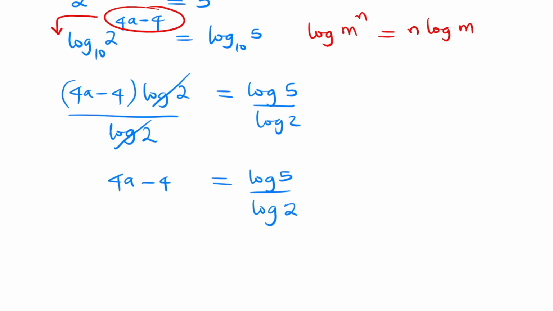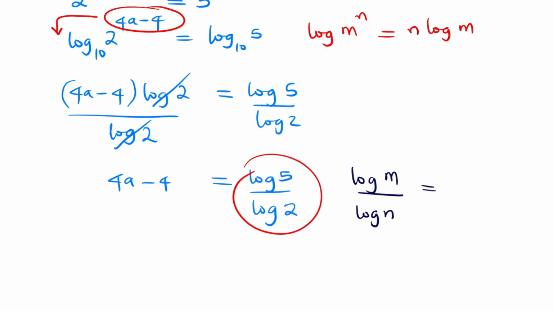Before I go ahead and solve for a, I need to work on this log 5 divided by log 2. There is a law of logarithm that says if you have the logarithm of m to whatever base divided by the logarithm of n in the same base, you can express it as log m base n, because they have the same base in this division.